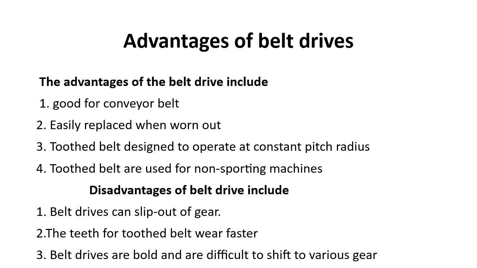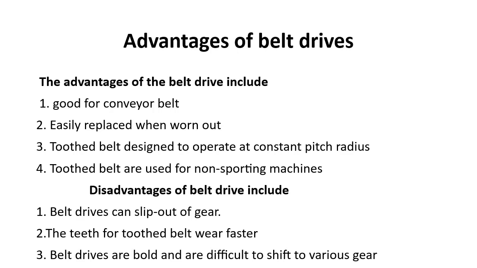Therefore, friction is very important in the belt drive. And we now see that when the friction required to grip is not enough, it is easier for the belt drive to slip out of the gear. So one of the disadvantages of the belt drive is that belt drives can slip out of gear.